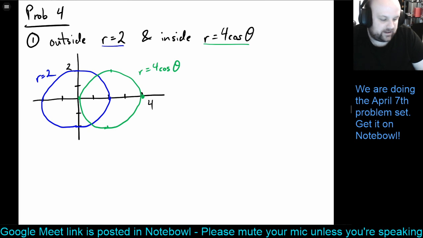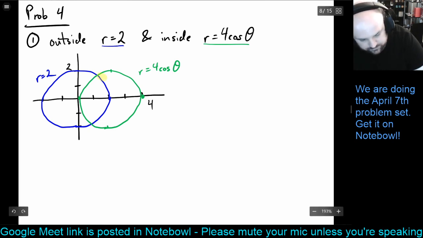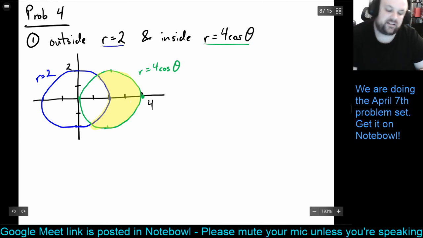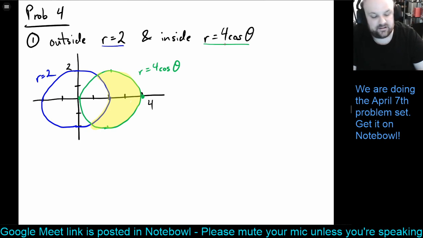And so the area we're trying to find here is this stuff right here. We're trying to find the area of that region right there. That's outside the circle of radius 2, but inside this other circle, r equals 4 cosine theta.